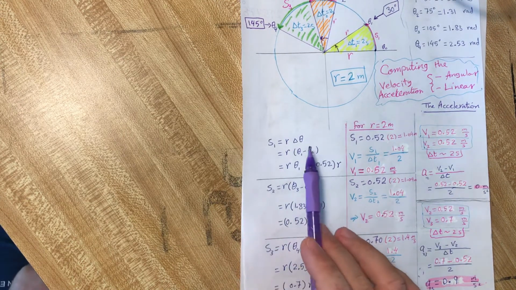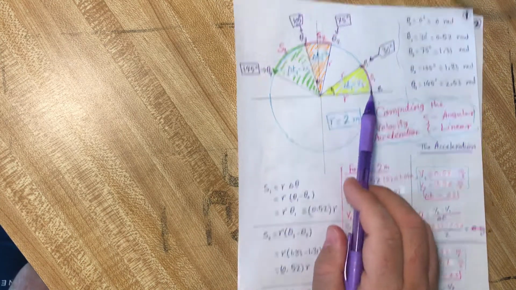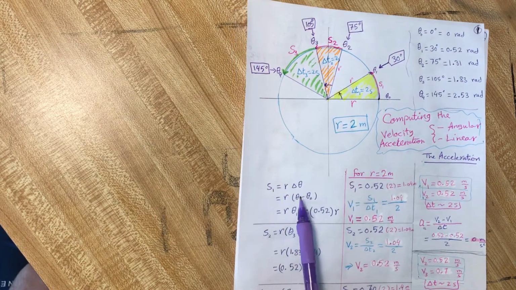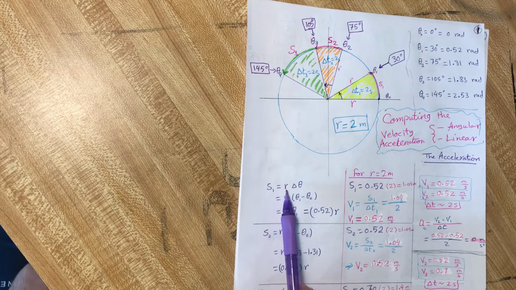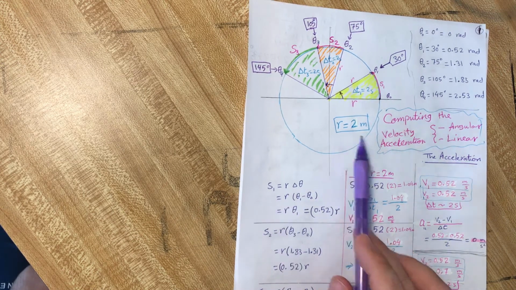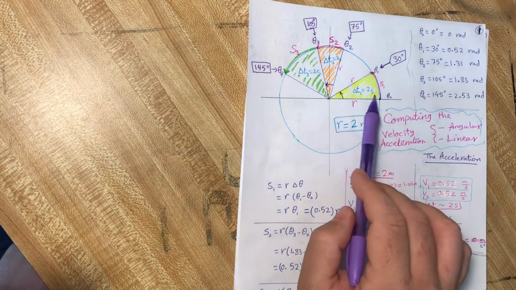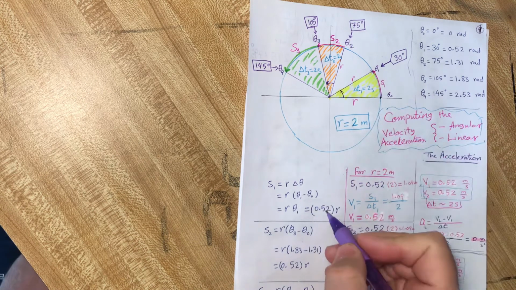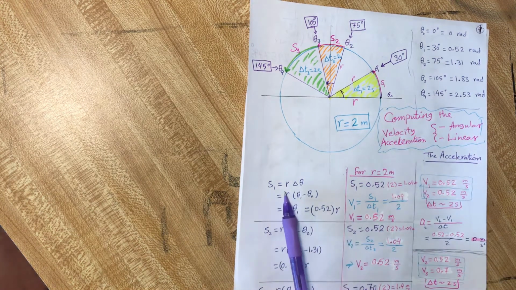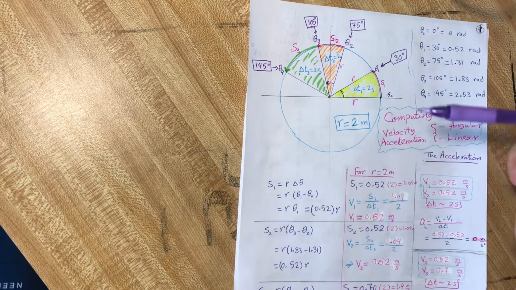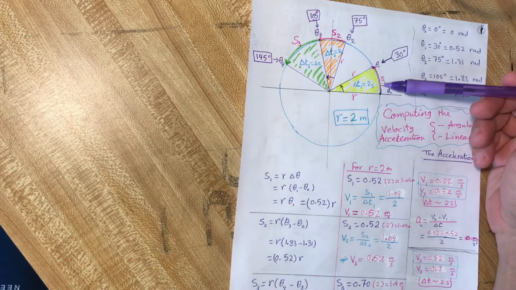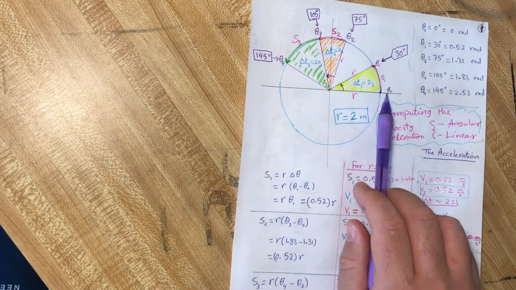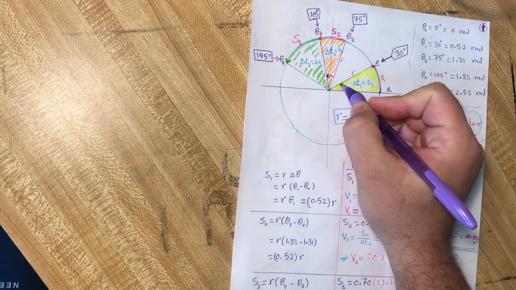Now, we know how to find the length of each section, S1, S2, S3. S is equal to the radius, which is constant, 2 meters, multiplied by the angle that covers this section. So the first section is equal to the radius multiplied by the difference in angles, theta 1 minus theta 0.